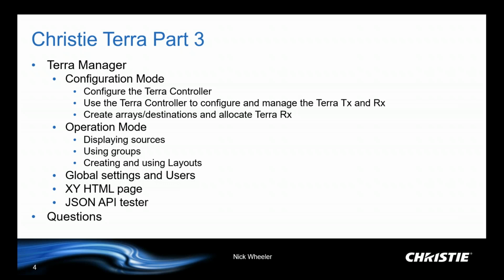We'll go through different settings and a couple of things on the XY HTML page and the JSON API test that will help you make sure that you can control the system. You can actually test the API from the controller, from the laptop, when you're using third-party controls. And then we'll finish off with some questions as usual.